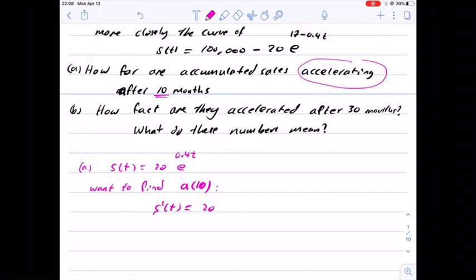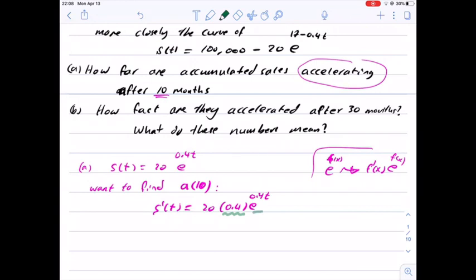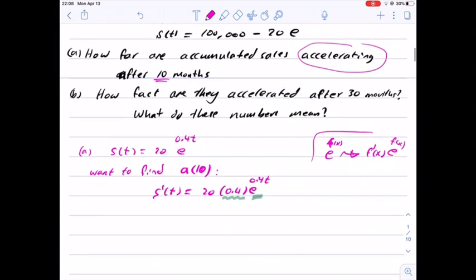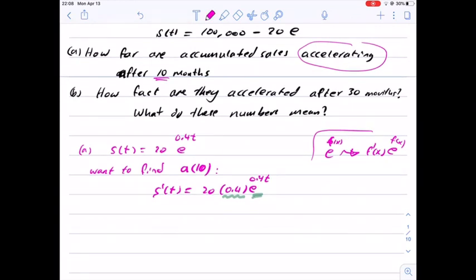So we find the first derivative of s, which is 20 times 0.4 e to the 0.4t, because as you may remember, the derivative of the exponential function e to the power f is the derivative of the power times the same exponential function.